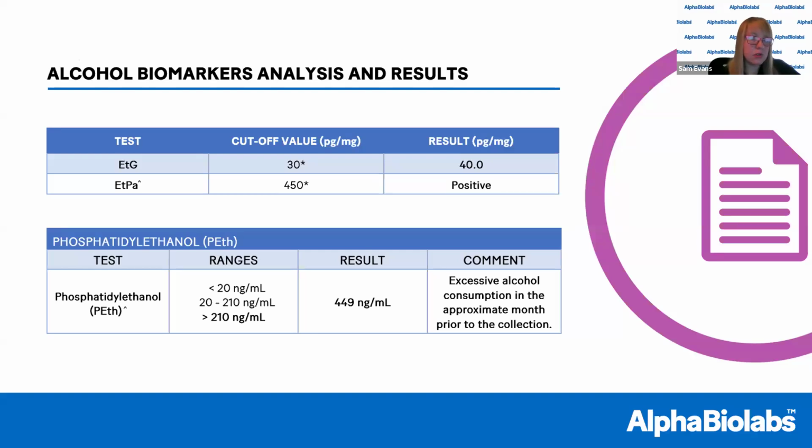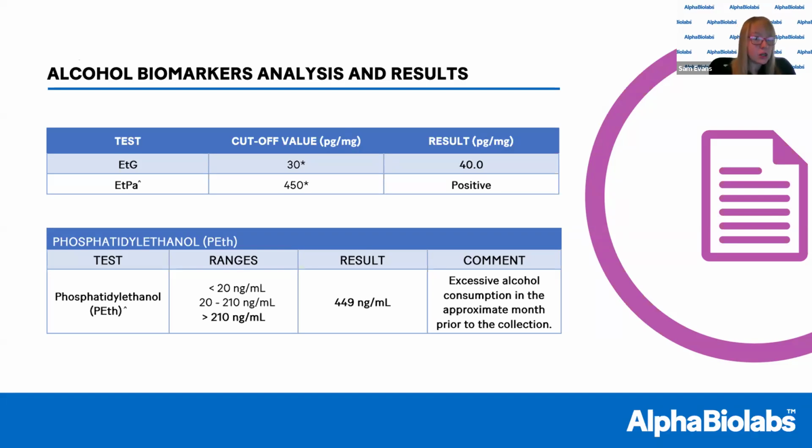And it's not possible to specifically determine any period of binge drinking, any periods of social drinking, or indeed any periods of abstinence within the time period investigated. And PEth itself only reflects the last month prior to sample collection. So it was further noted that PEth could not be influenced by holidays with drinking events that occurred 7 or more weeks before the sample collection.